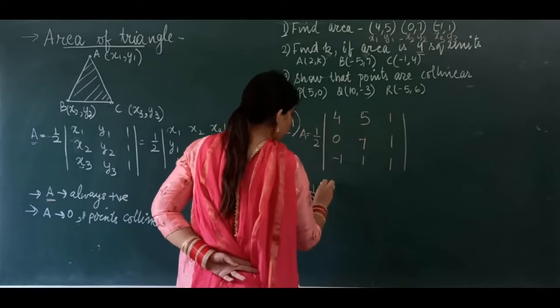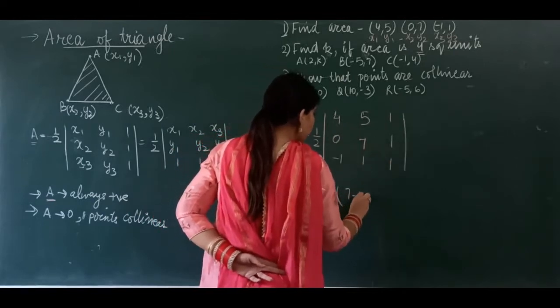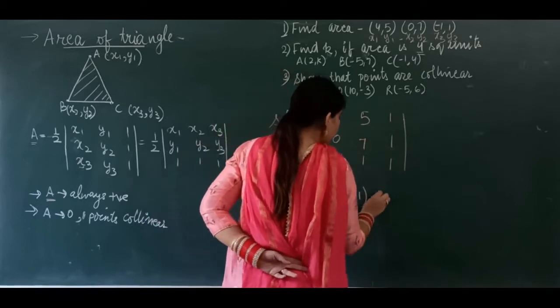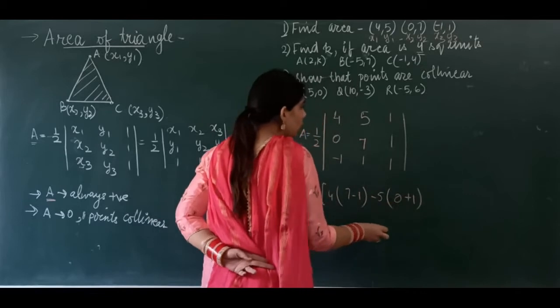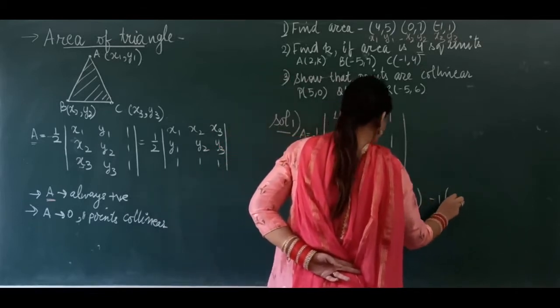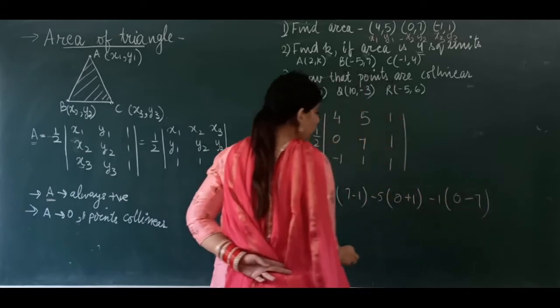So first it will be 4 times (7 minus 1), minus 5 times (0 plus 1), plus 1 times (0 minus 7).